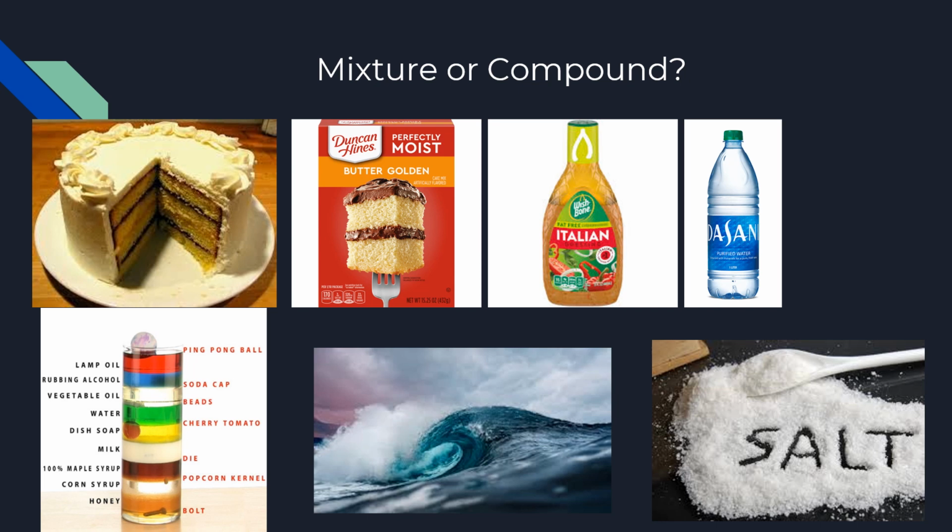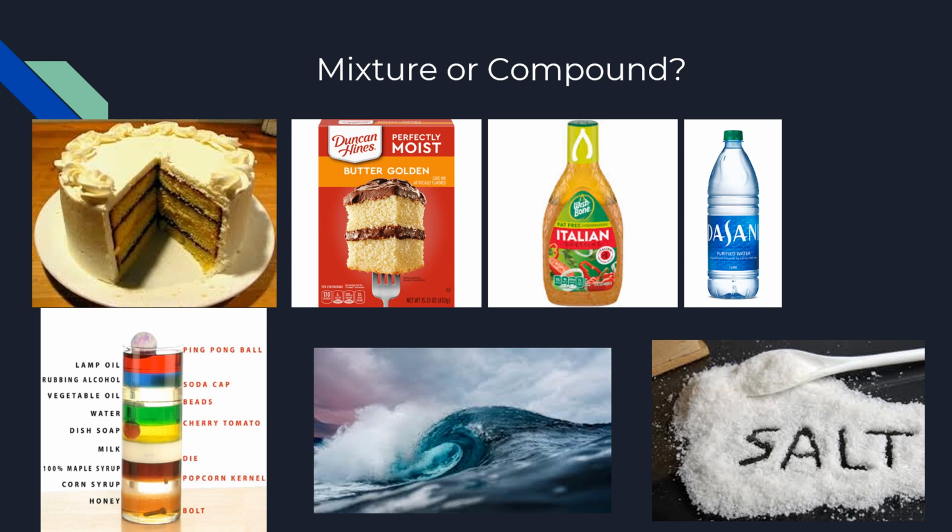However, cake mix, that would be a mixture because there are different ingredients in it that could be separated. Italian dressing would be a mixture. You could separate things. Water is going to be a compound, unless of course there are things in it.